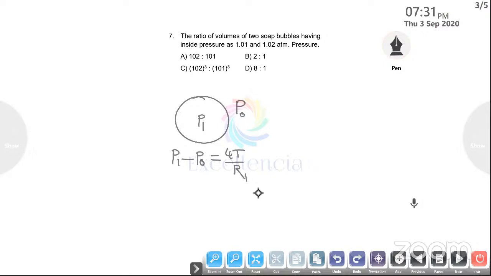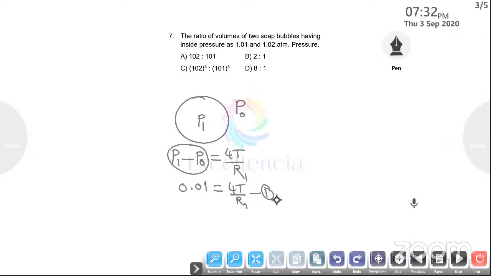It is given that the pressure inside is 1.01 and for second bubble it is 1.02 atmospheric pressure. So here the excess pressure is equal to 0.01 atmospheric pressure, which is equal to 4T by R1. This is equation 1.